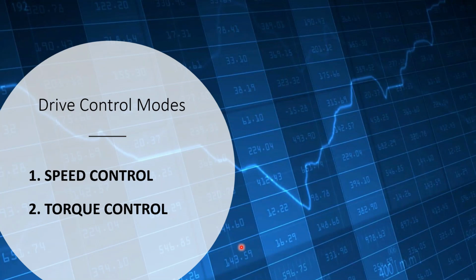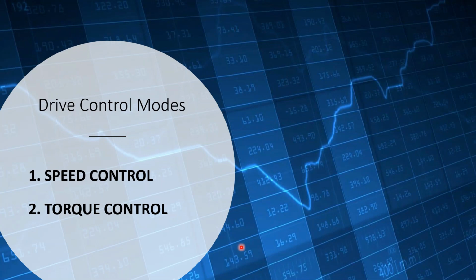We'll look into more details, but just briefly speaking, this is speed control, and torque control means you are passing a torque reference to the drive, and the motor or the drive will try to meet that particular torque reference irrespective of what the speed is. So these are the fundamental differences between speed control and torque control.